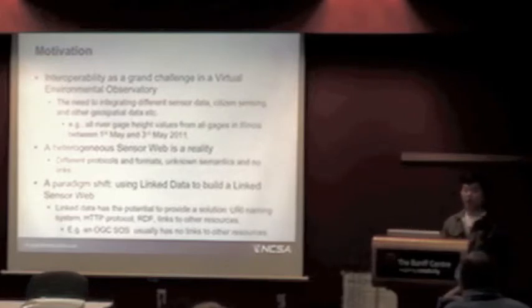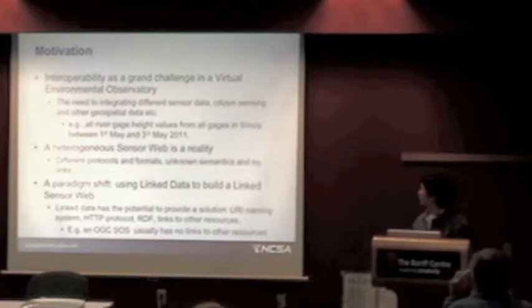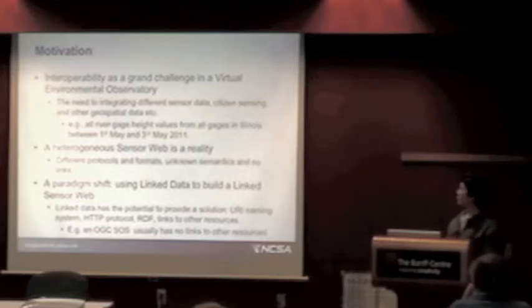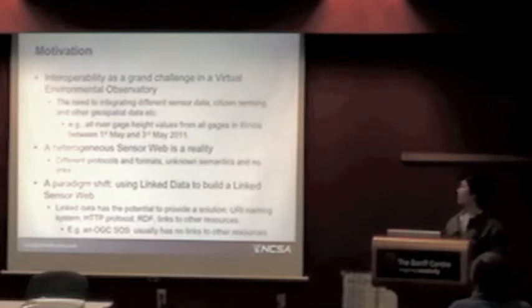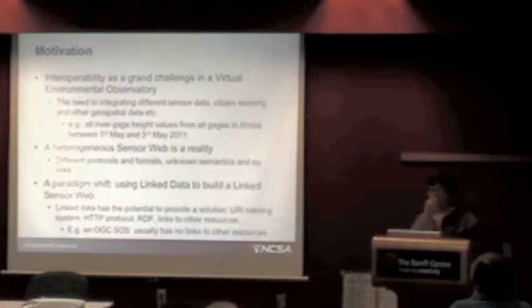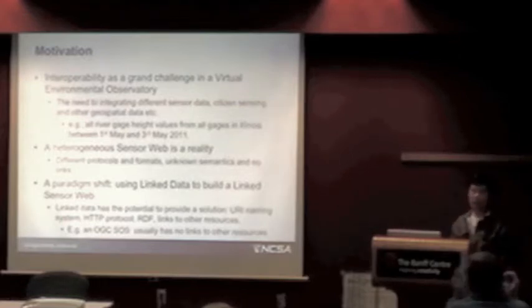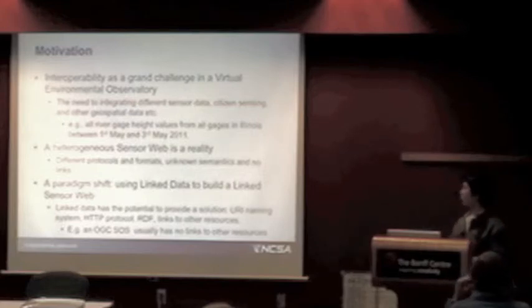Interoperability has been a grand challenge for the sensor web. Consider that nowadays we can get more and more useful sensor data, but there is still a need to integrate different sensor data, city sensing and other geospatial data. For example, consider this simple query.